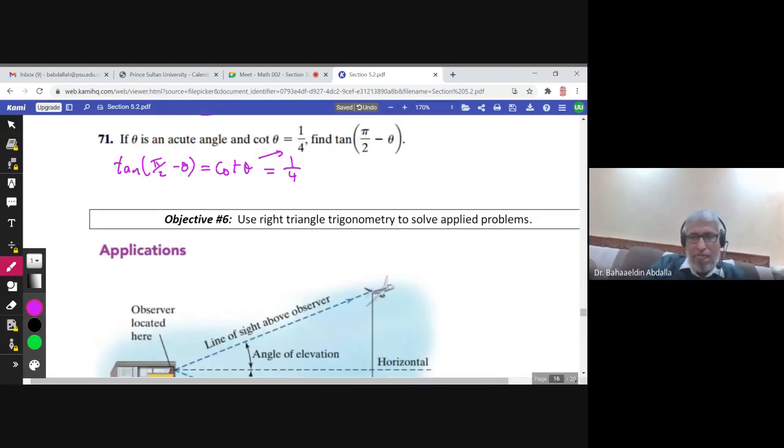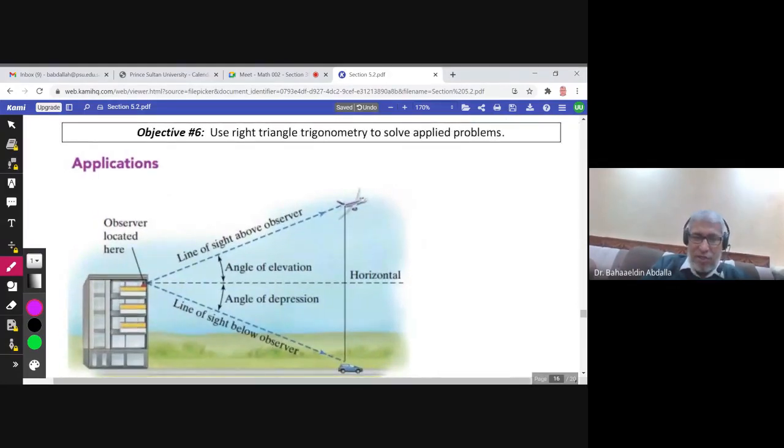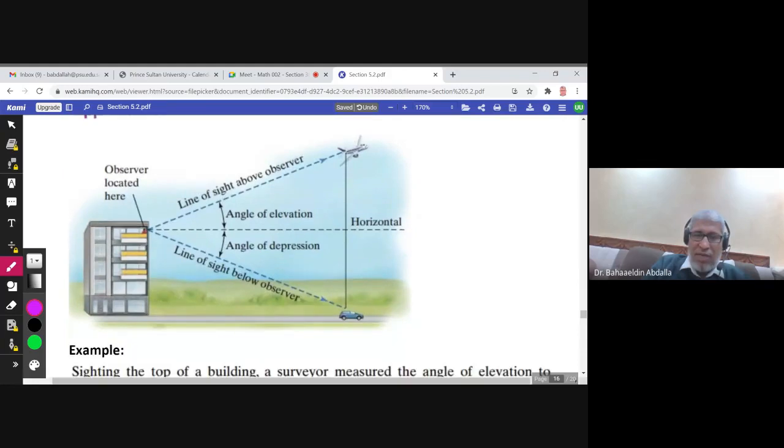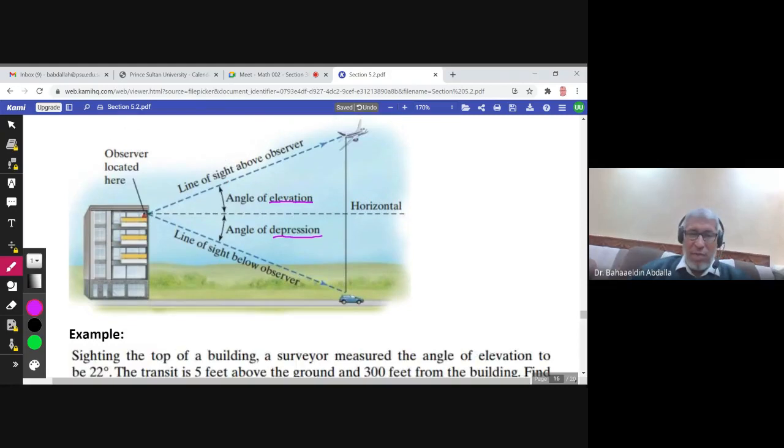Now, some applications about trigonometric functions. One important thing here is to differentiate between angle of elevation and angle of depression. Angle of elevation is when you are here and looking up. When you look up from here, this is the horizontal line.